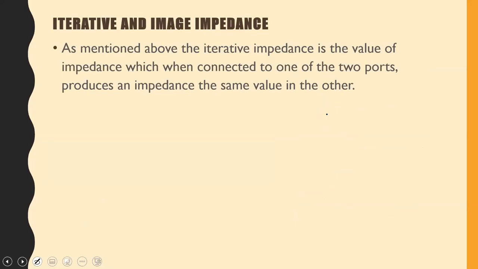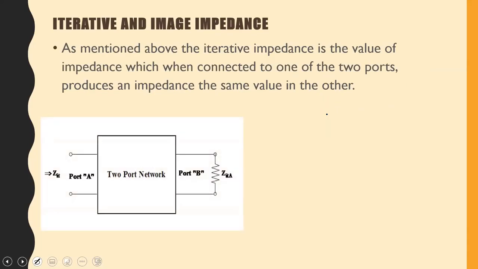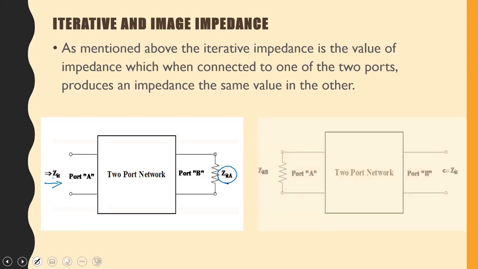So in other words, the iterative impedance looking into port A, if I were to connect that value at port B, then I would get that same impedance at A. Similarly, if I'm looking into port B and I connect the iterative impedance for port B at port A, then I'll get the same value. So this is just expanding on the definition that we just gave.